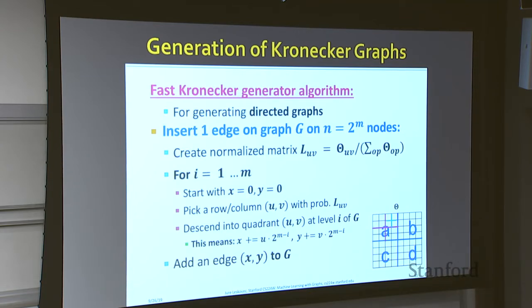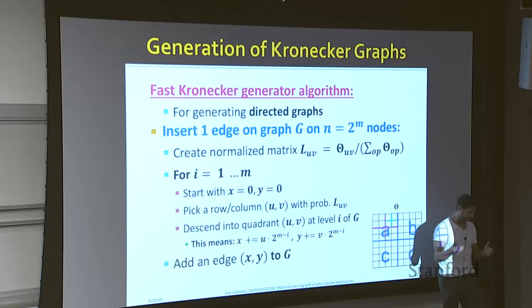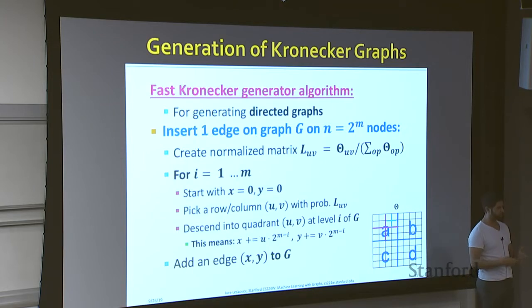Let me give you a question. With this method, we have to decide on a total number of edges to drop in. Correct. How do we choose that number? It's a great question. Here we need to choose the number of edges that we want to generate. Before, it was all based on the probability. You choose the number given some common sense, real world assumptions.